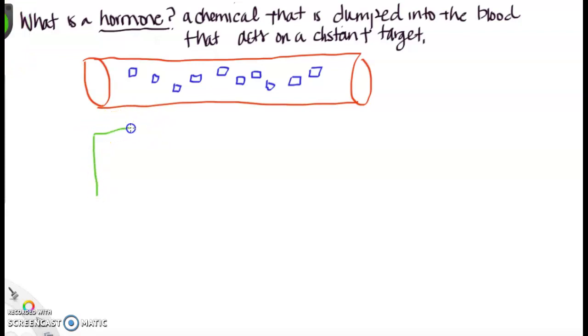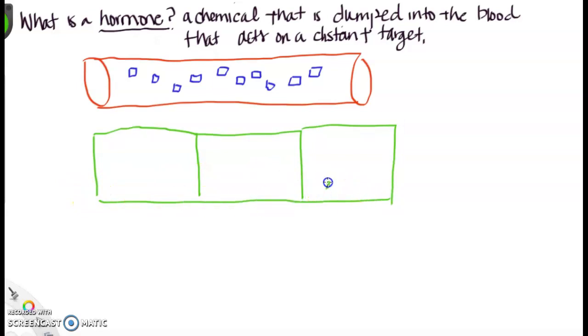So here's my cells. Here's my tissue cells here. Little nucleus there. And let's say that this cell has a receptor. Okay, and let's say this cell has a receptor.